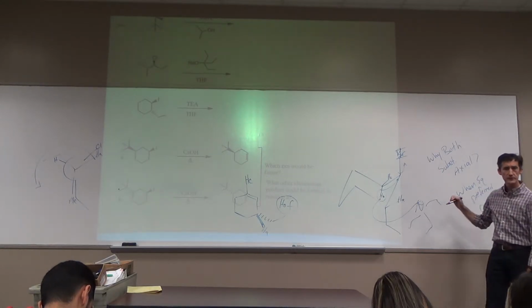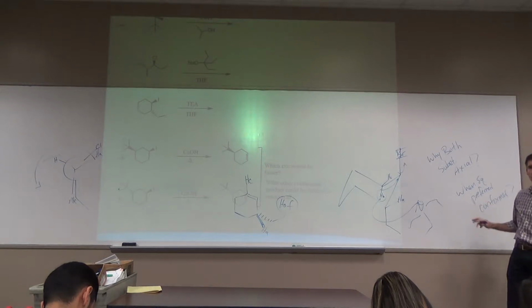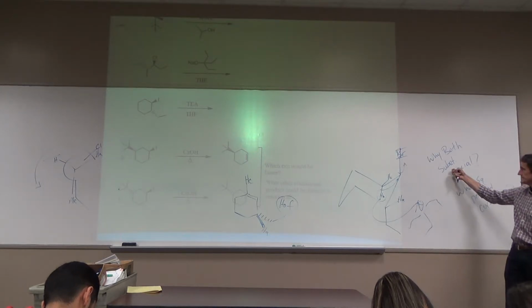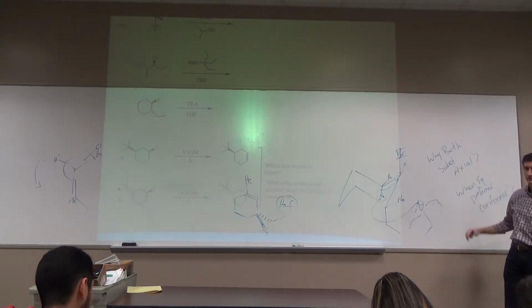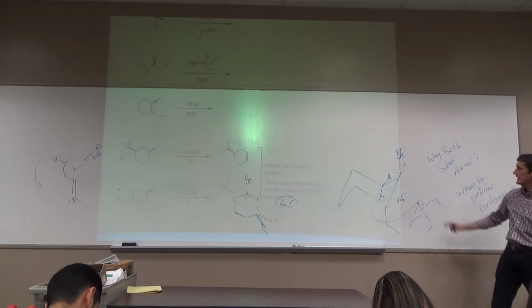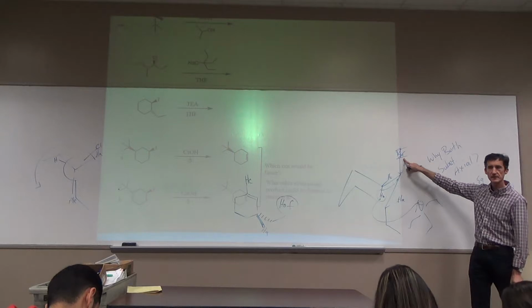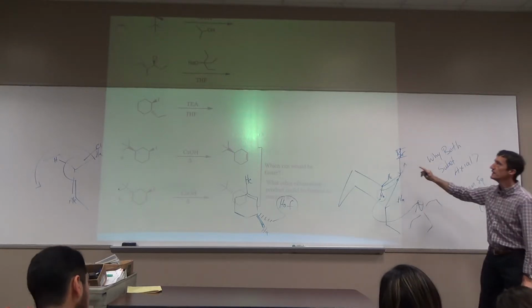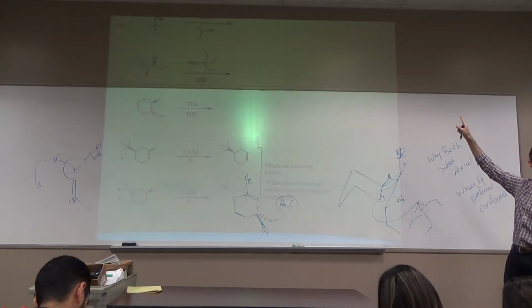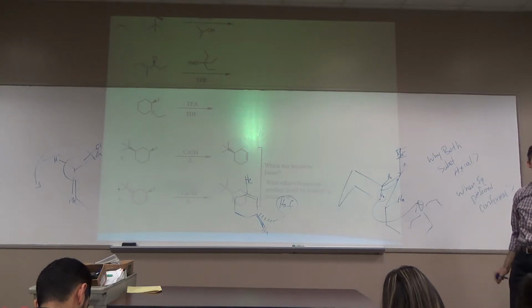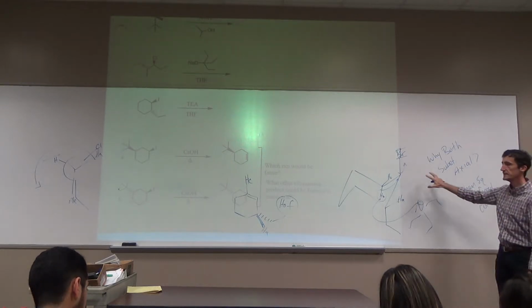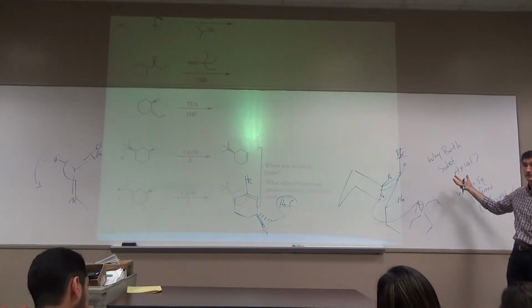Isn't the equatorial the preferred conformation? We eliminated from the less preferred conformation. Or we had to. If we had drawn this equatorial, could we have eliminated? No. Look above. If it's equatorial, it will never be anticoplanar. It eliminates from the less stable conformer.